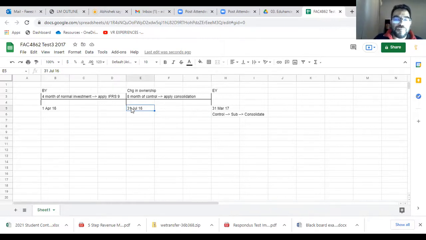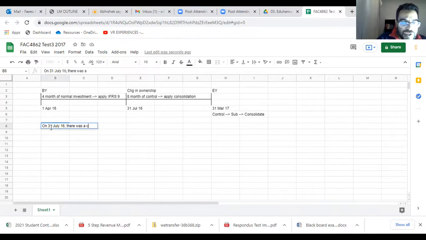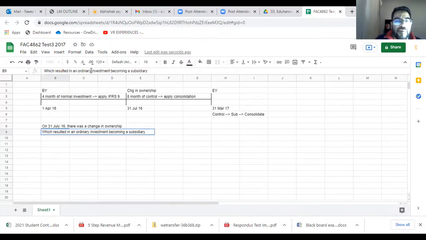31 July 16, there was a change in ownership, which resulted in an ordinary investment becoming a subsidiary.